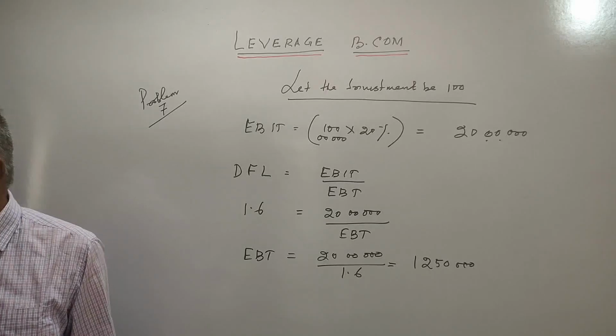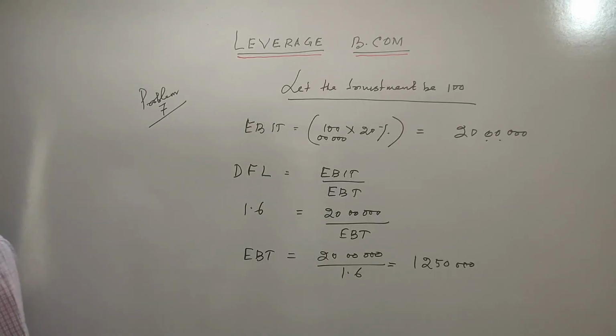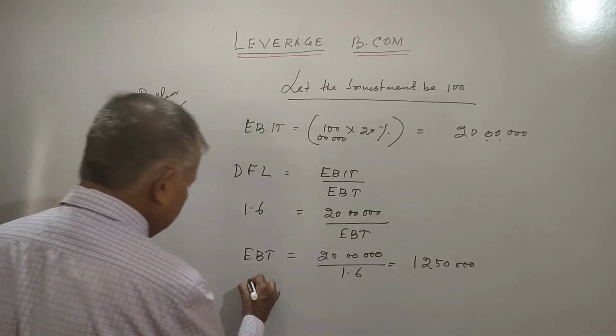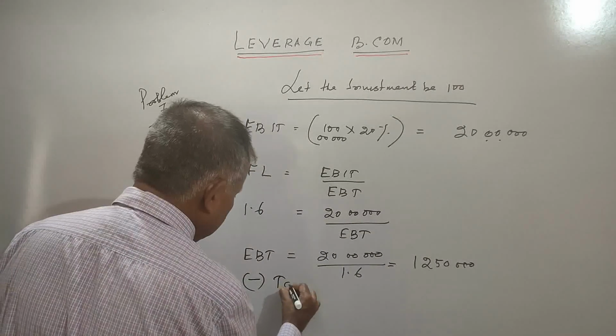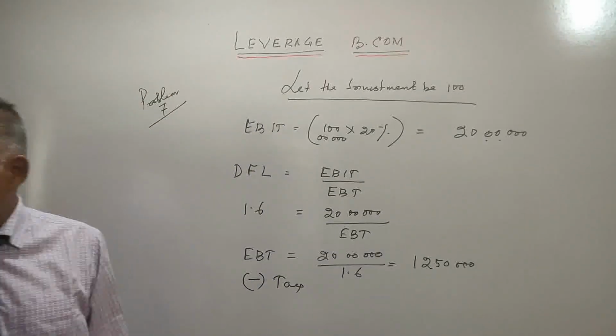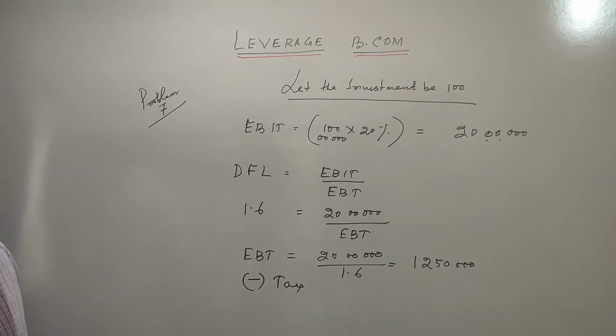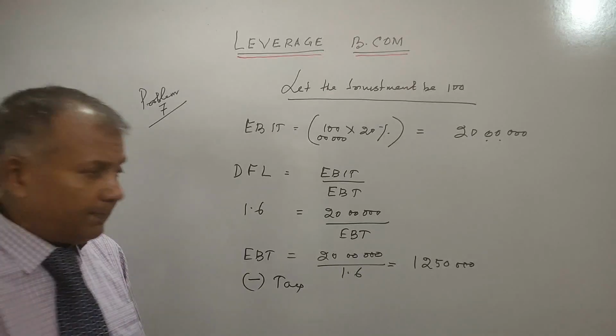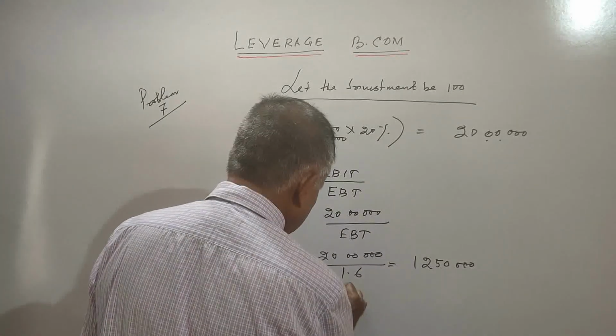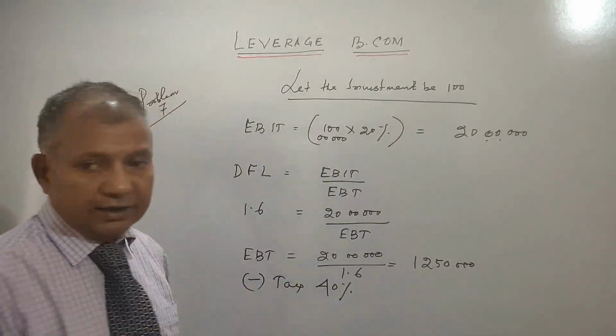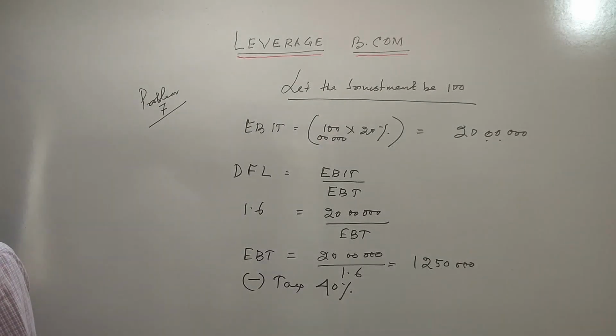So EBT is 12,50,000. Right? If from the EBT we deduct the tax, we can find out the EAT. Tax rate is given in the problem as 40%.